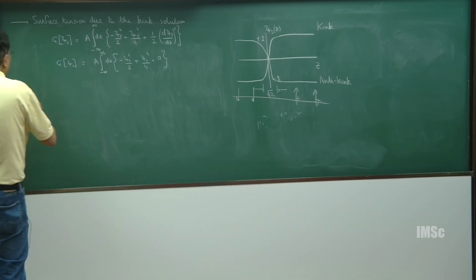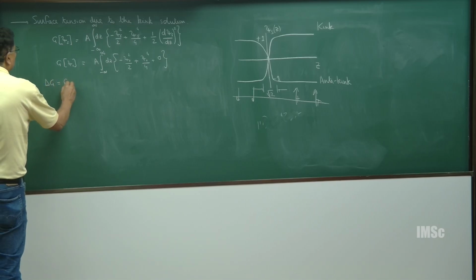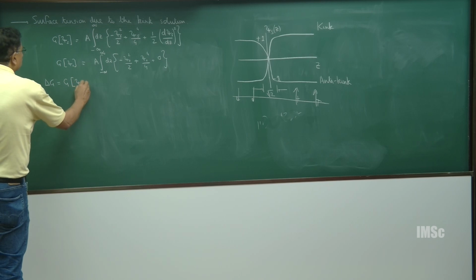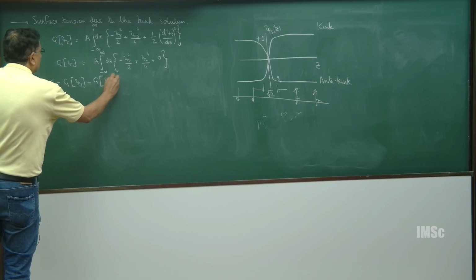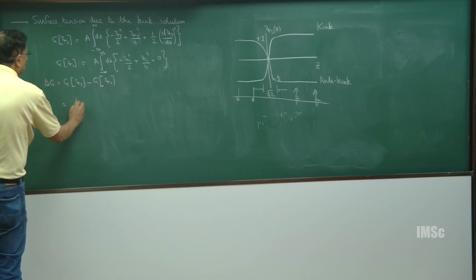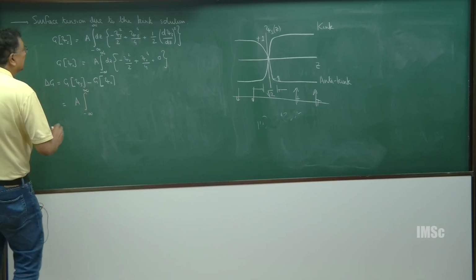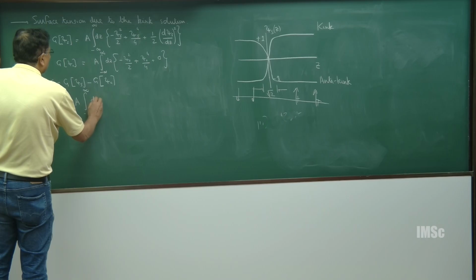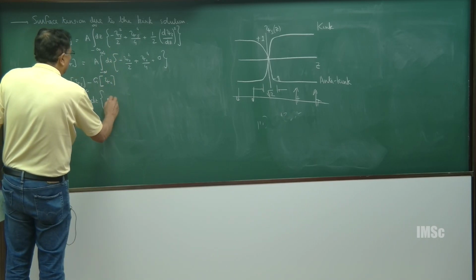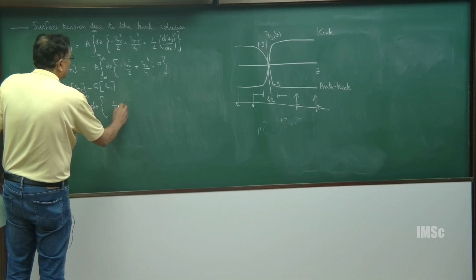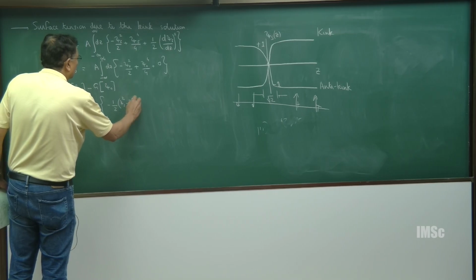So, basically the surplus of free energy is G psi s minus G psi 0, and that is equal to A. Now, let us pair up these terms, integral from minus infinity to plus infinity dz. This one becomes minus 1 over 2 psi s squared minus psi 0 squared.